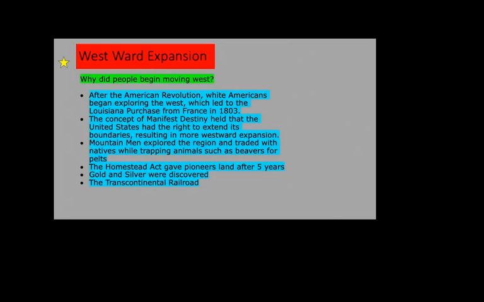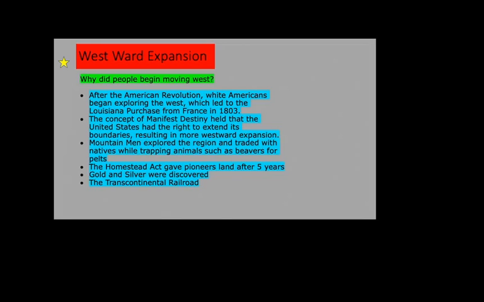Manifest destiny was actually a concept. People actually believed that it was God's will that the United States be expanded from the east coast at the Atlantic all the way to the west coast at the Pacific Ocean. So that's why they considered it to be a big thing.